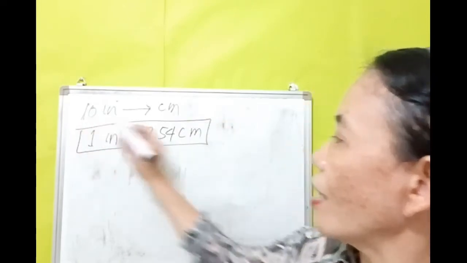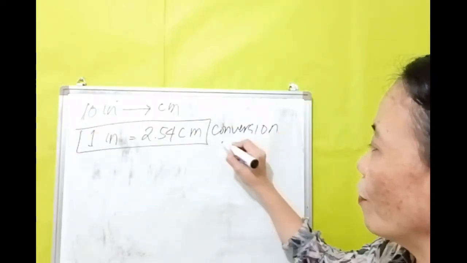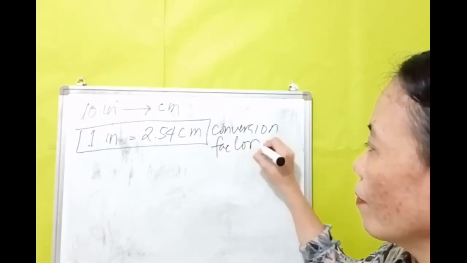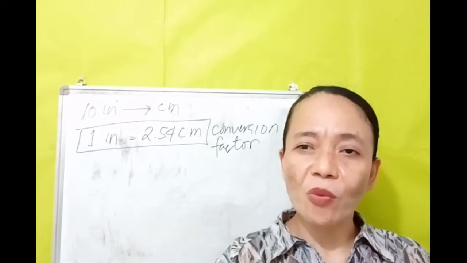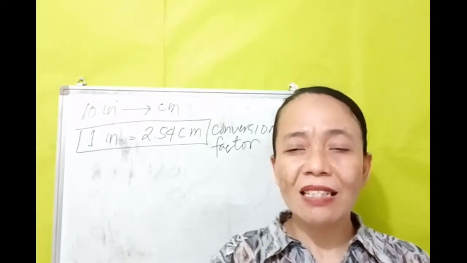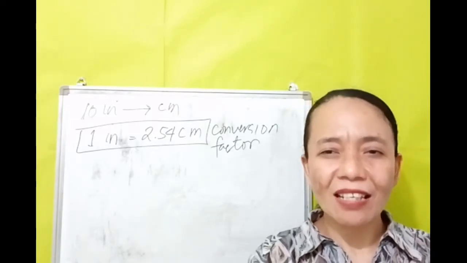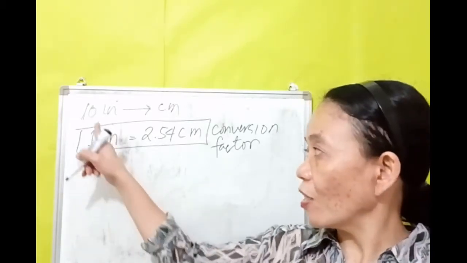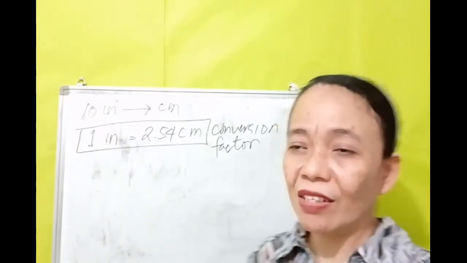So this is known as conversion factor. What about conversion factor? When we say conversion factor, it is a ratio that expresses how many of a particular unit is equivalent to another unit. Say in 1 inch, there are 2.54 centimeters.